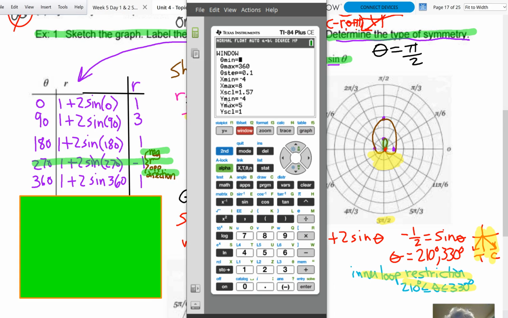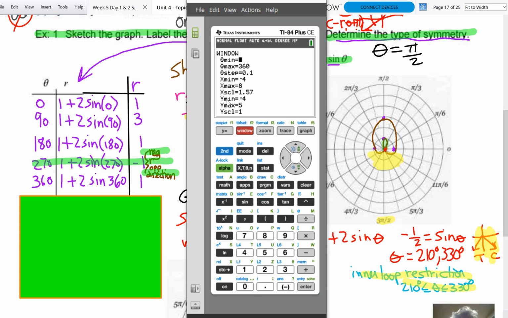They're not very large. Everything's going to be near the pole. So I'm making sure that it unfolds slowly by my small steps, 0 to 360. And in terms of where I see the top and the bottom and the left and the right, it's all within a range of 4 to 8 units.